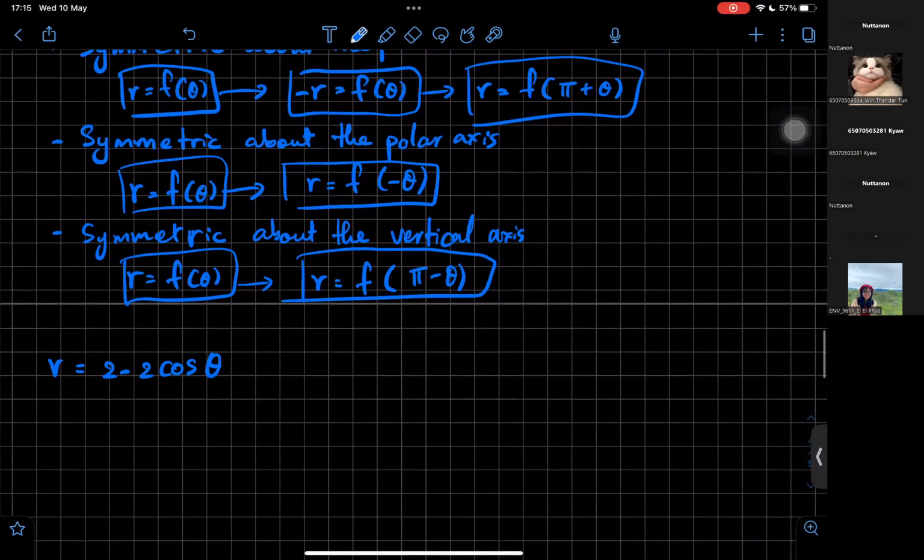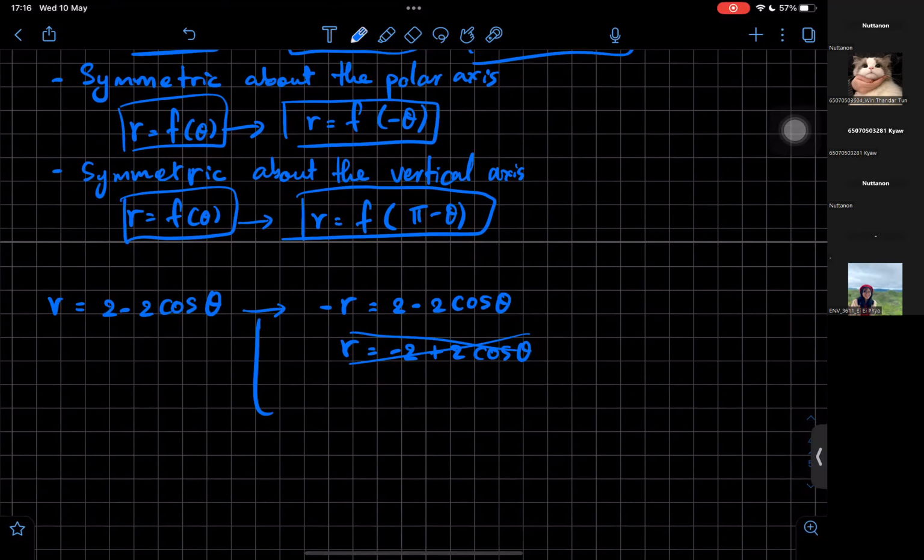If I change r to minus r, I get minus r equal to 2 minus 2 cos theta, which is r equal to minus 2 plus 2 cos theta. And it's not equal to the original equation, so it's not symmetric to the pole.